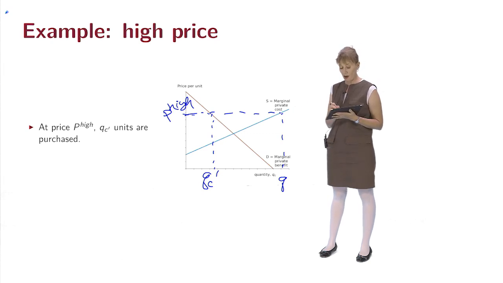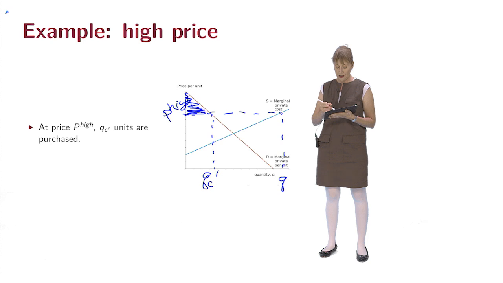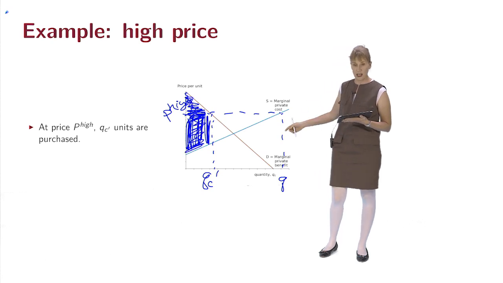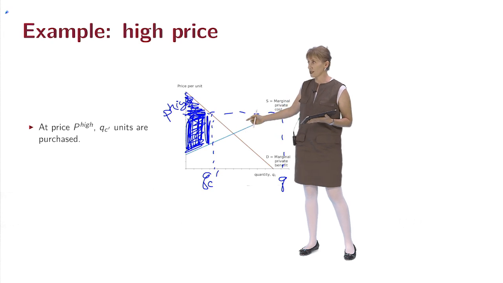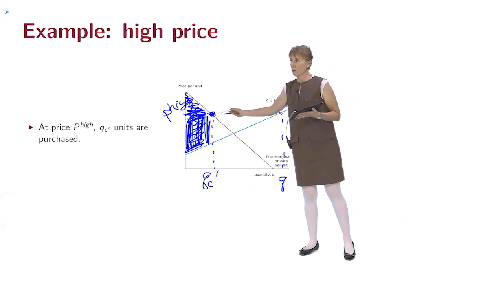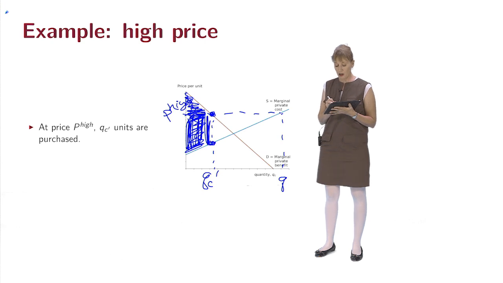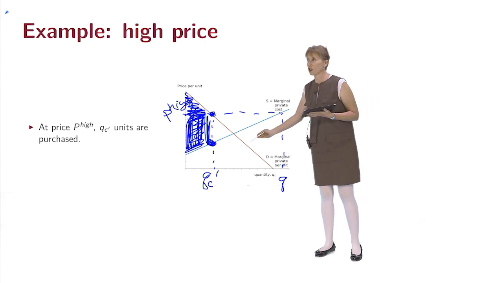We can find our consumer surplus as the area under demand, or marginal private benefit, and below the price, and our producer surplus as the area above the supply curve and below the price. And what I've shaded in here is total surplus. And I also want to draw your attention to the fact that marginal private benefit is up here at P high, but marginal private cost is lower.